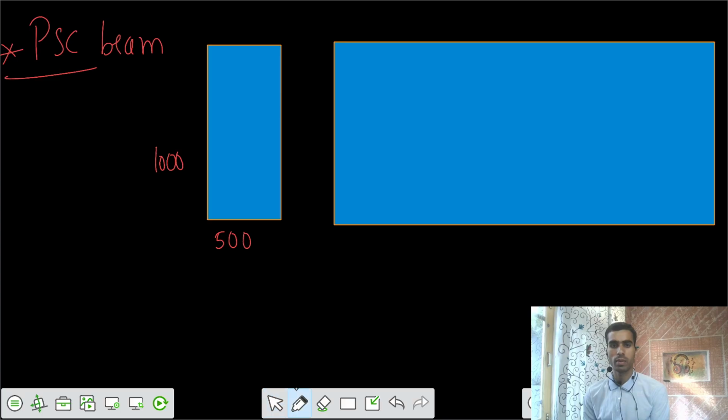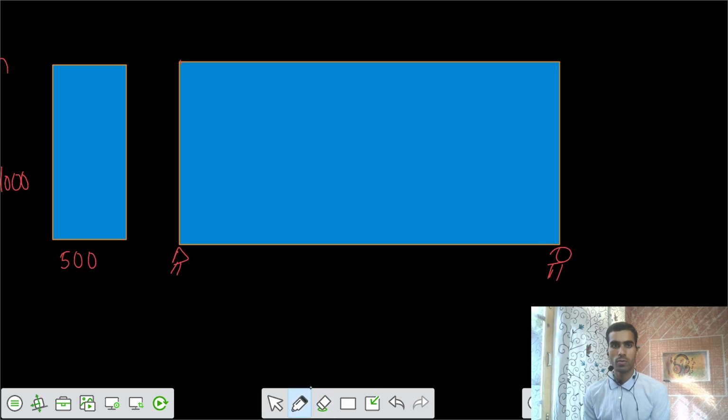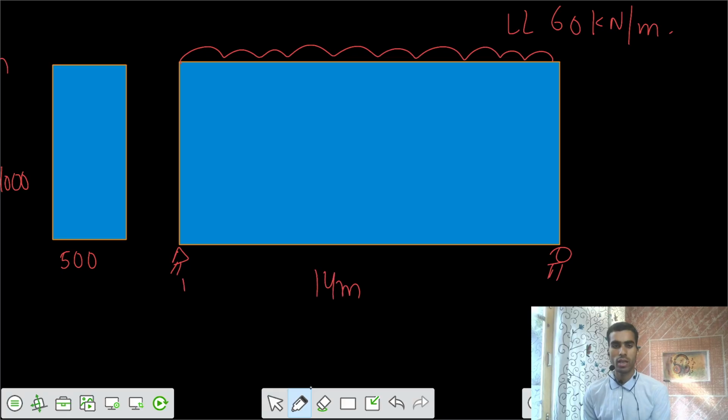Let's say this is our beam, a simply supported beam, and we have a UDL live load of 60 kilonewton per meter, and the total length of the beam is 14 meters. And we need to say what are the stresses at the 5 meter section, somewhere here.